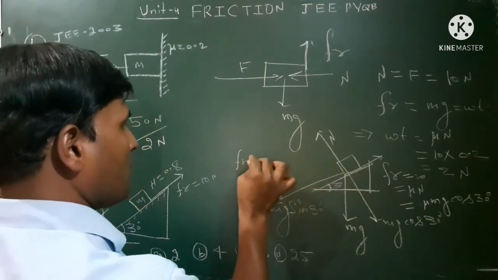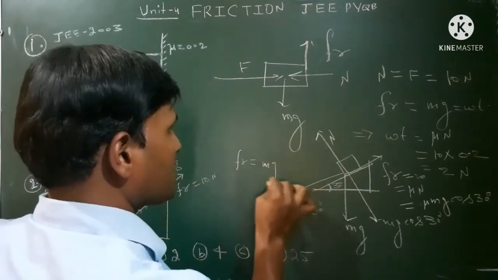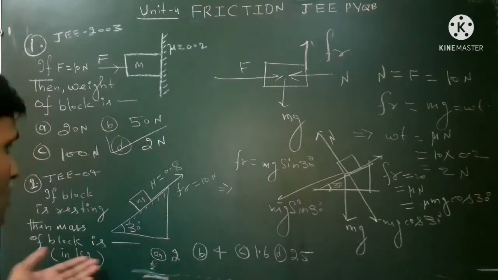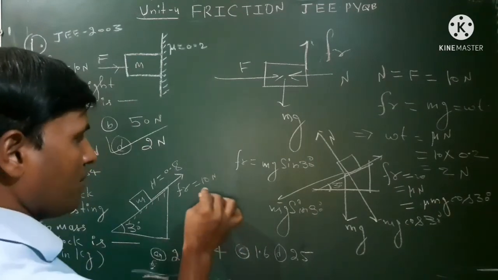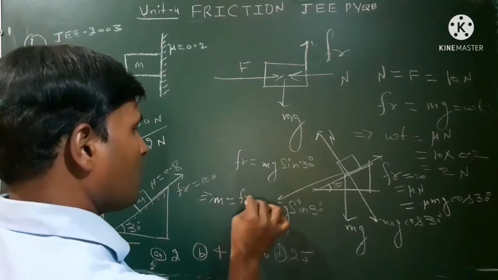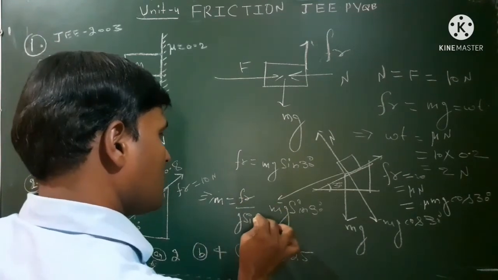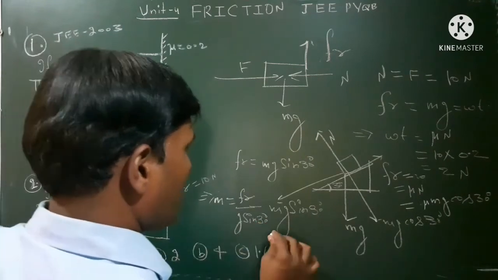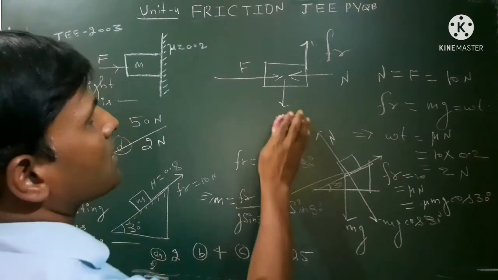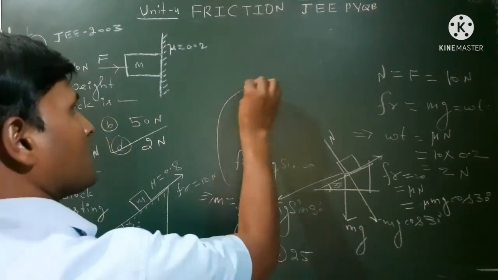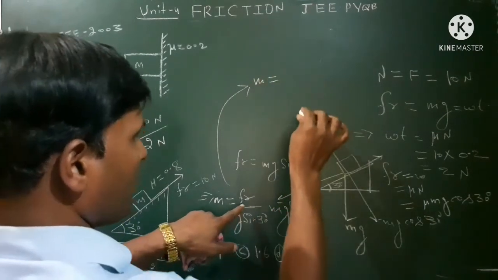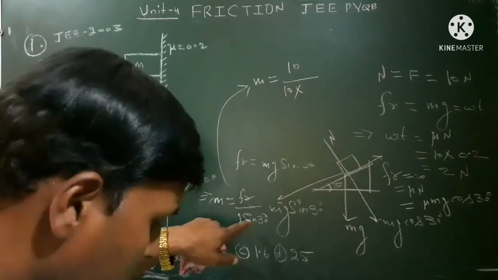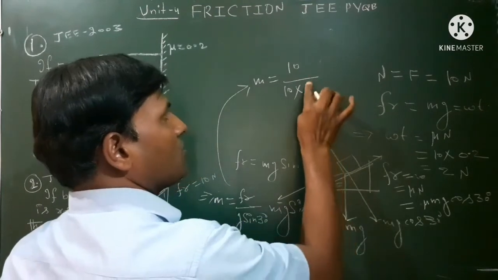Fr is balanced by mg sin 30 degrees, and Fr is given. What we need to calculate is m, so m is equal to Fr by g sin 30. Fr is 10, g in the question is given as 10, and sin 30 is 1 upon 2, so m is 1 into 2.